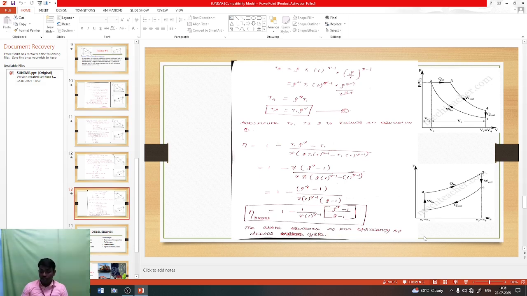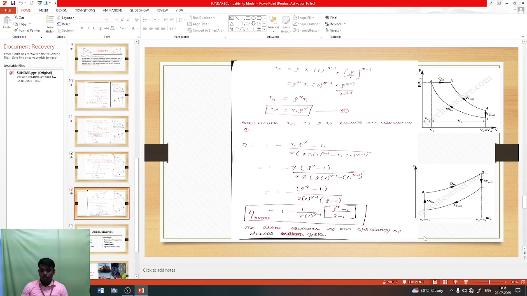So finally we have to write it like this. Efficiency of diesel is equal to 1 minus 1 divided by gamma, where gamma means adiabatic index, into R, where R means compression ratio, power gamma minus 1. For air gamma is equal to 1.4. Into (rho power gamma minus 1) divided by (gamma into rho minus 1), where rho means cutoff ratio.